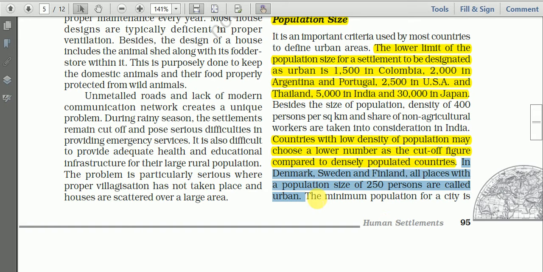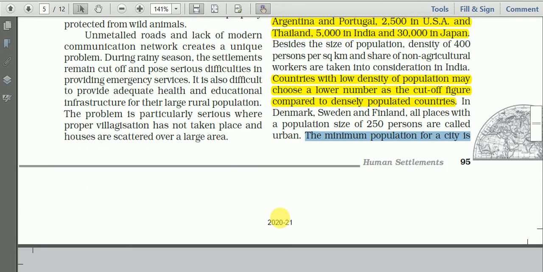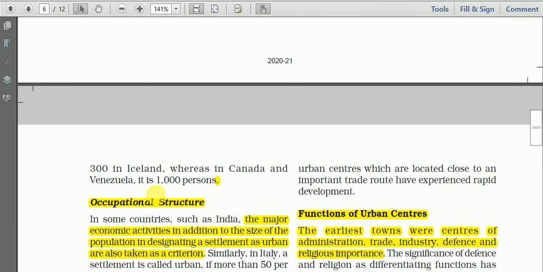And likewise, the minimum population for a city is 300 in Iceland, whereas in Canada and Venezuela it is 1,000 persons. So in all these countries, the population density is very, very low, and that is why the cutoff figure for an urban settlement to be called urban is very, very small.